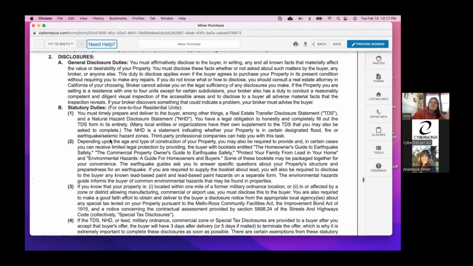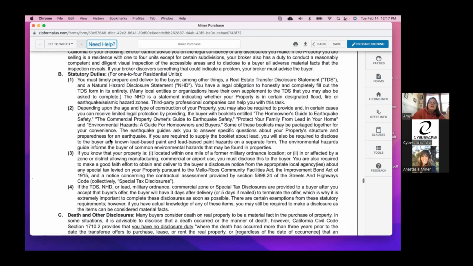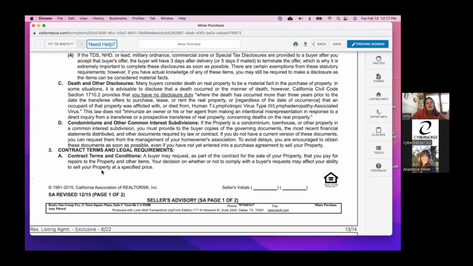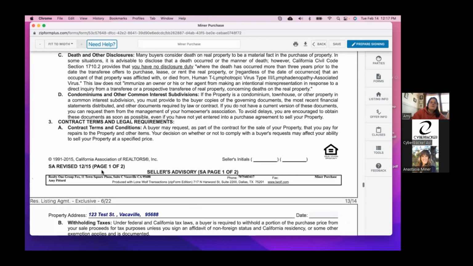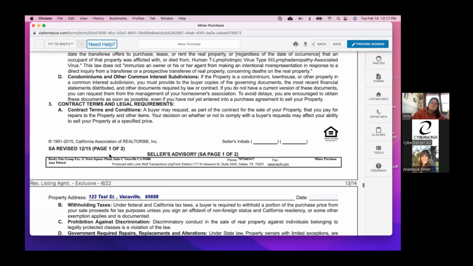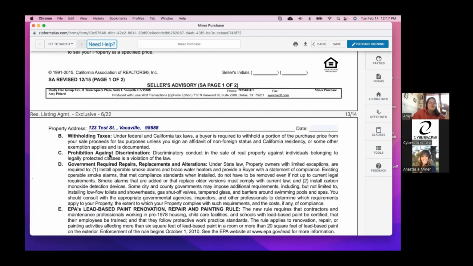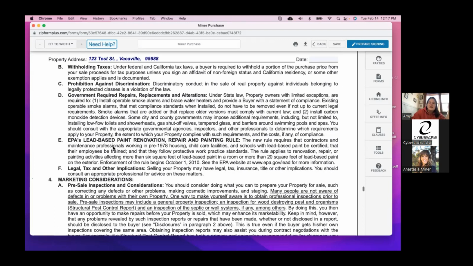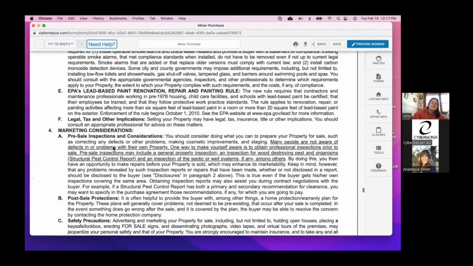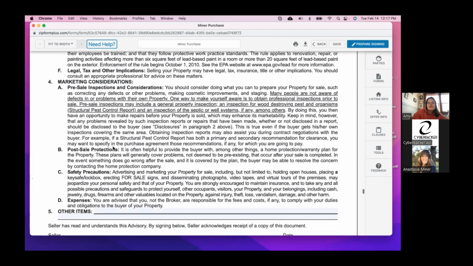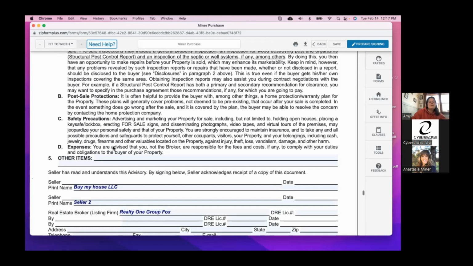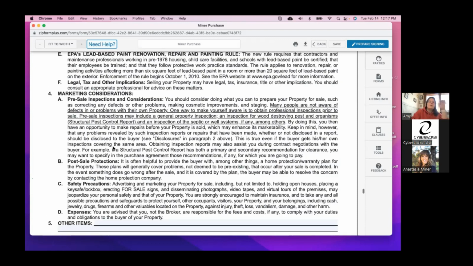Their statutory duties, general disclosure duties, death and other disclosures, condominiums and other common interest subdivisions, contractual terms, legal requirements, withholding taxes, prohibition against discrimination, government required repairs, replacements, alterations, the EPA lead-based paint renovation, marketing considerations, pre-sale inspections and considerations, post-sale safety precautions. So I do recommend you read through that. It's an important one.